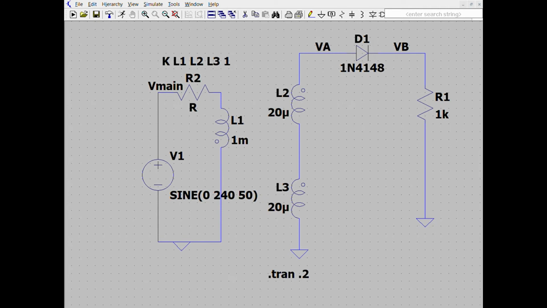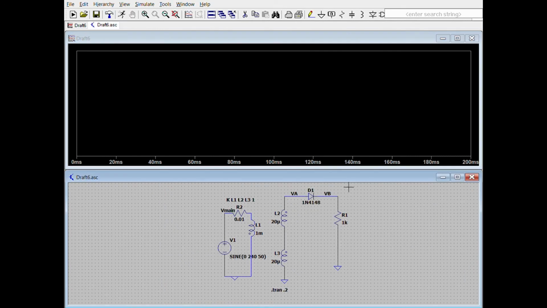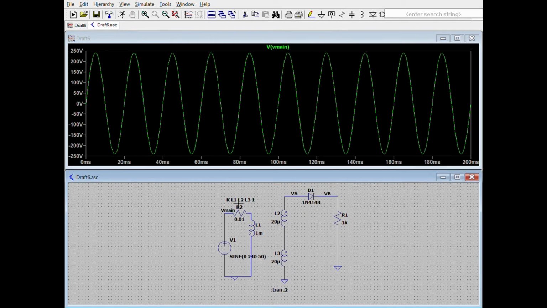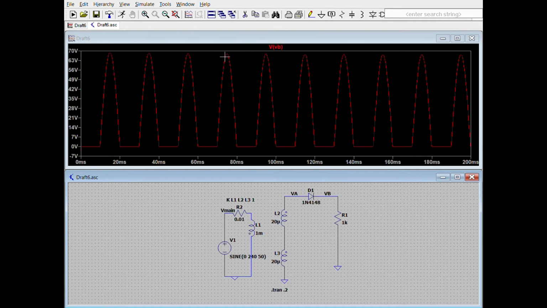We can put in 0.01 ohm to make sure there is no big difference to the graph. So run the circuit. Here is the Vmain. This one is for the Vinput before the rectifier, and this one is after being rectified here. So that's for the half-wave rectifier circuit.